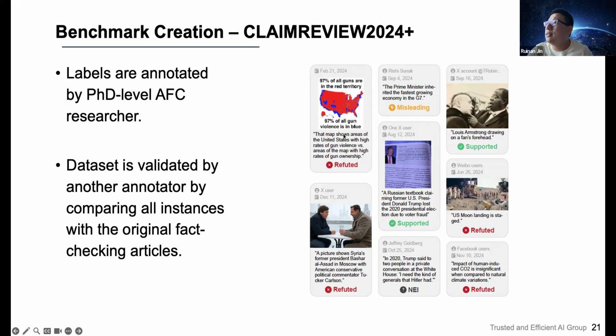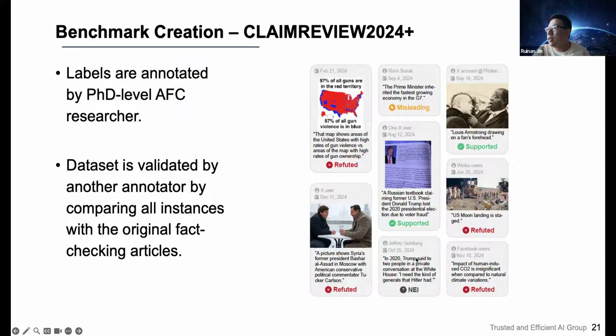I guess the problem is that the map is not showing clearly the gun violence, right? It's just text. And it's also possible that the image is being manipulated, which I'm not sure.